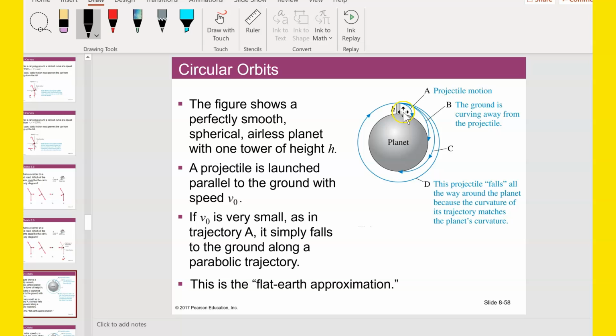When we have relatively small velocity and it goes a relatively small distance compared to the size of the planet, we always do our approximations as if the planet's surface was flat because it's so negligible. But if it's higher velocity and going a greater distance compared to the size of the planet, that no longer holds. The ground is curving away from the projectile, so that would need to be factored into the calculation.